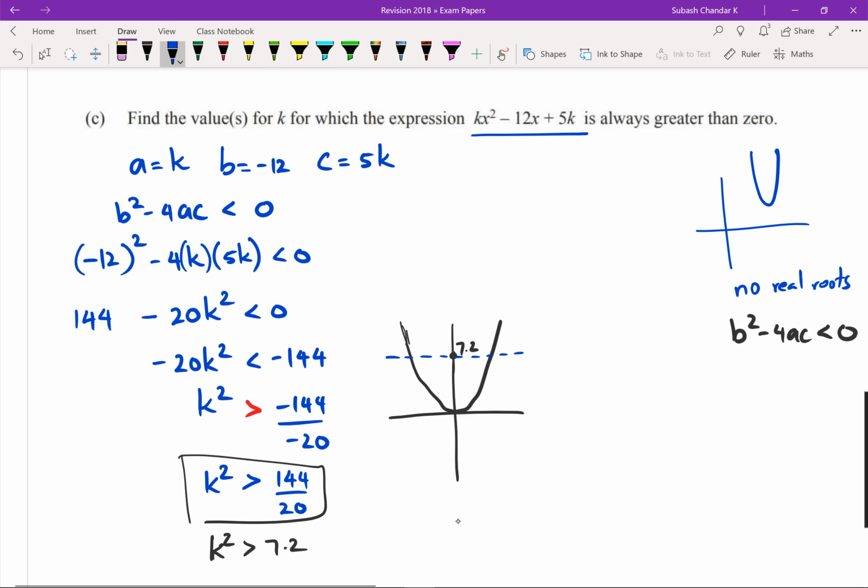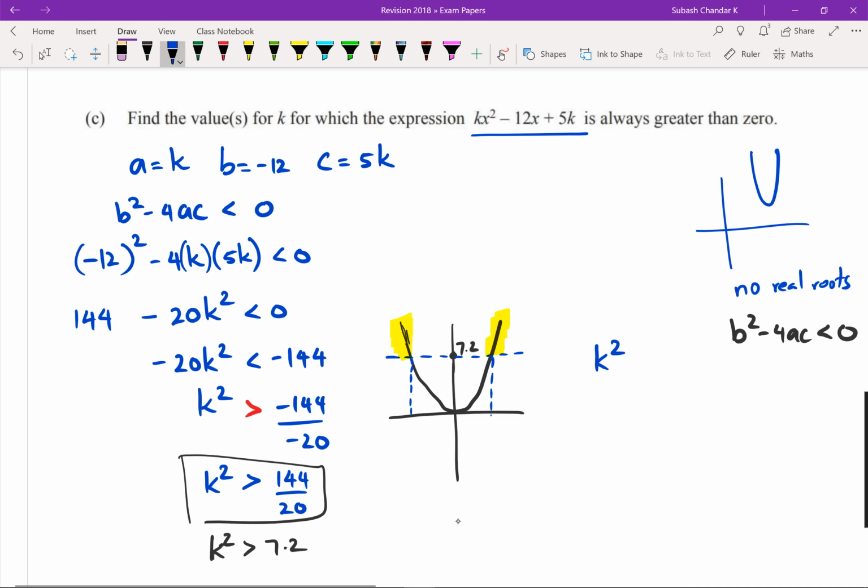And I can straight away see that there are two zones where it's greater than 7.2. One is there, and one is before that point. So I need to figure out what the x value for that is. Because y is 7.2, and I know k squared, let me just show this slightly here.